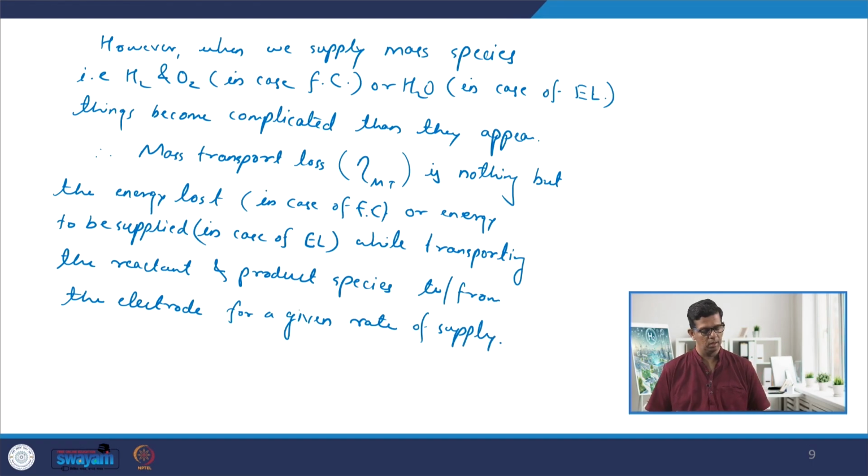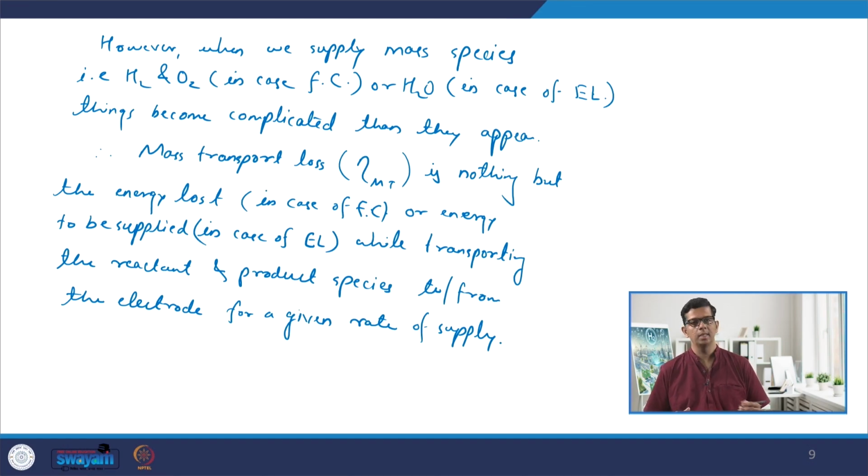In other words, this mass transport overpotential or mass transport loss is basically an energy loss while we transfer these reactant species, that is H2 and O2, and take water out from the fuel cell, or when we supply water to the electrolyzer and take hydrogen and oxygen out while this reaction happens at the respective electrodes. So, what is the energy invested? What is the excess energy that we have to supply in order to make this reactant species available at the reaction sites?